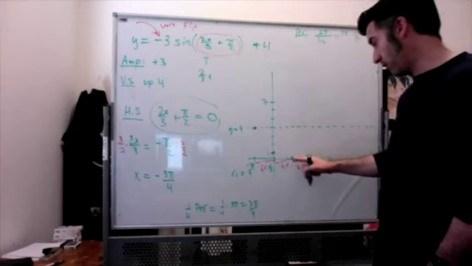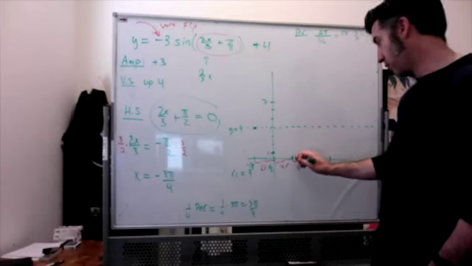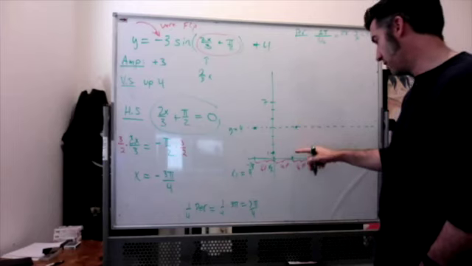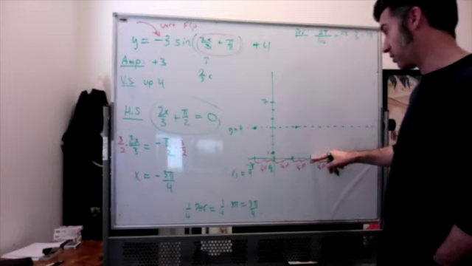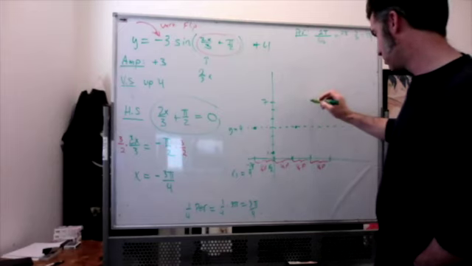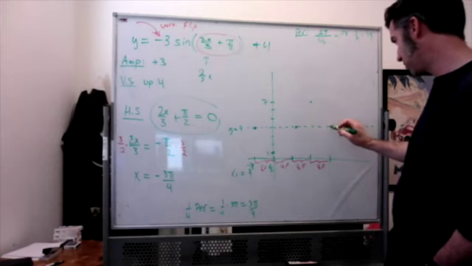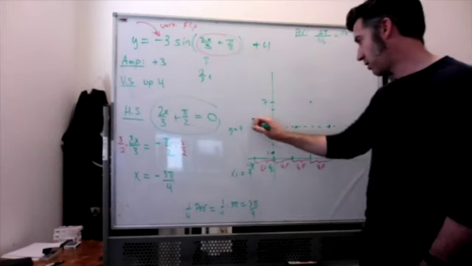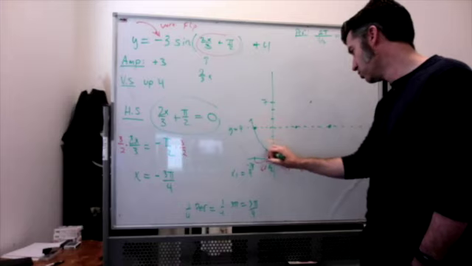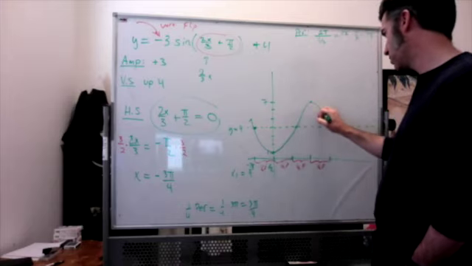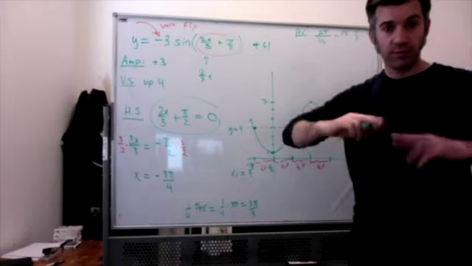And then at the next important x value, which we haven't found yet, you're going to go back to the middle. And at the next important x value, which we haven't found yet, you're going to go to the top. And then at the last important x value, which we haven't found yet, we're going to go back to the middle. It's going to look like your usual sine function, but flipped over.